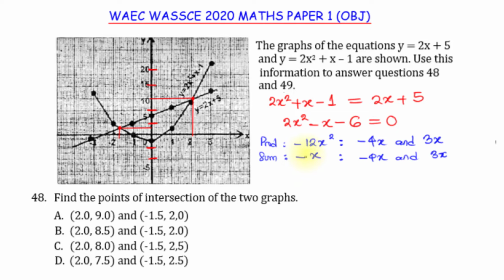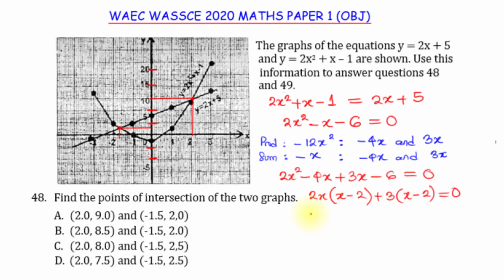I can just say, now, instead of writing minus x, I'll say I still have my 2x squared, but now I'm going to say minus 4x plus 3x minus 6 is equal to 0. So I can just collect like terms. In the first instance, I have 2x common to both, so I will have x minus 2 remaining, then plus 3 is common to both, x minus 2 remaining, that is equal to 0.